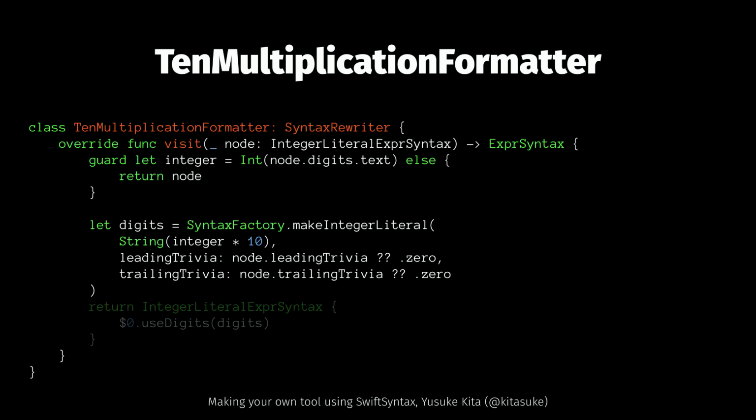So that you can get a new syntax node, which is digits here. And finally, create a new integer literal expression syntax with the digits so that these two can format your Swift code. This is it.